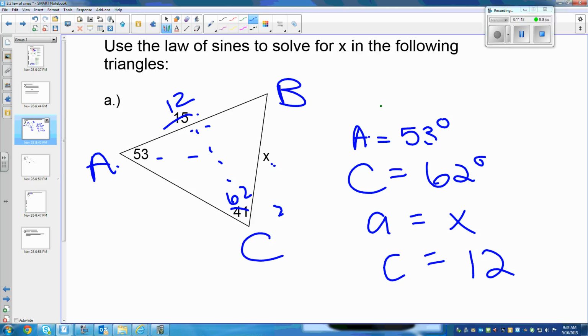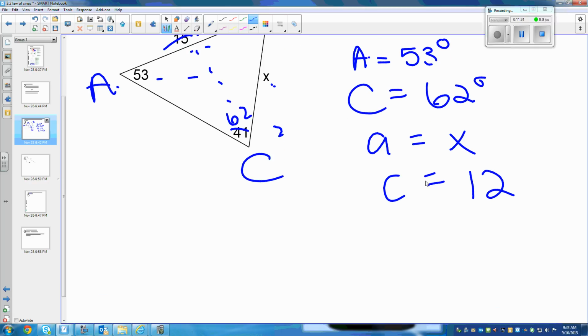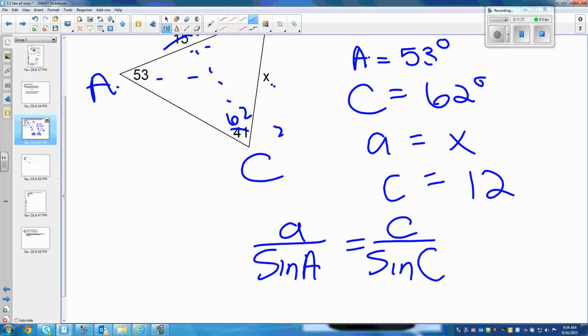Okay? So then, all you have to do is write down your sine law. Now, the sine law has 3 statements, but we're only using A's and C's, right? So I'm going to say A over sine of A is equal to C over sine C. Okay? So you only need 2 out of those 3 statements.